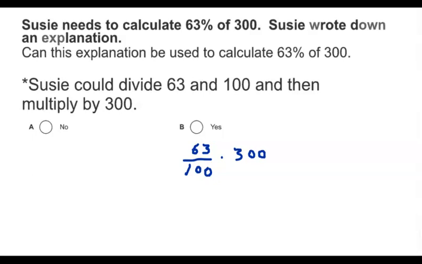All of those things you can take times 300, and that will give you your answer. So the answer is yes, because 63 divided by 100 will give you how many per 1. Multiplying that by 300 will get you how many for 300. There are lots of ways you can look at it, but yes, that one will definitely work.